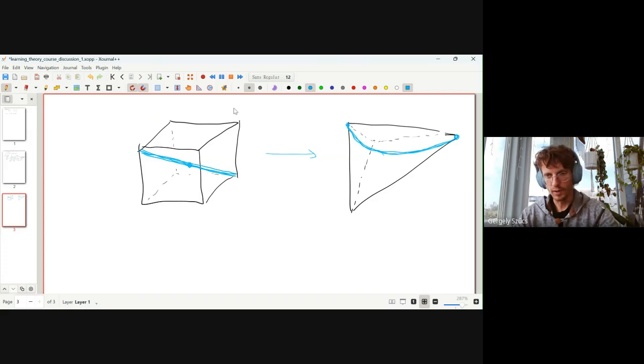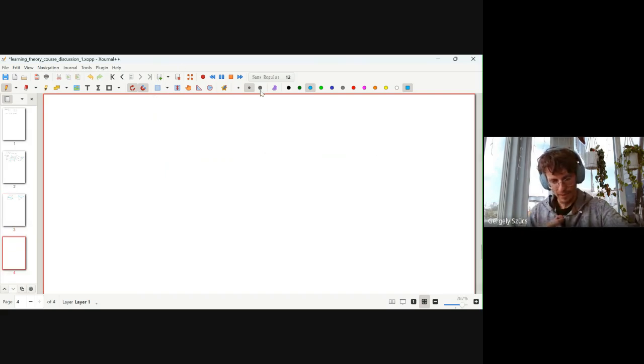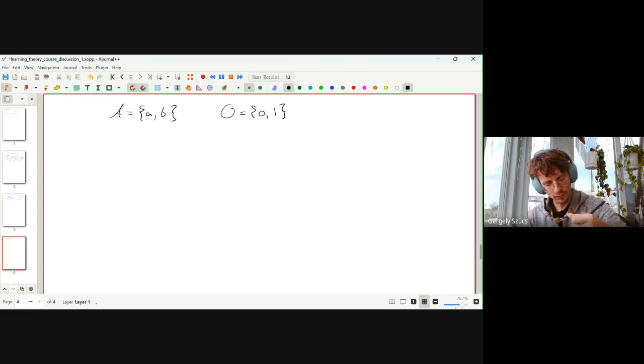Okay, so let me work out one more example, and then we'll move on to question 2. Let's look at the case where there are two actions, say A and B, and two observations, which I keep as 0 and 1.